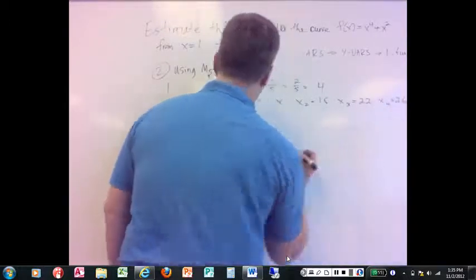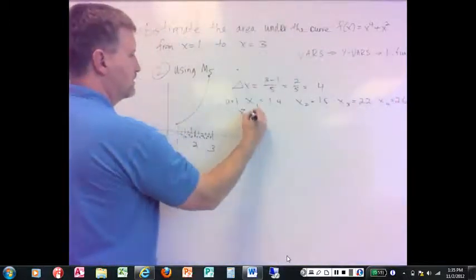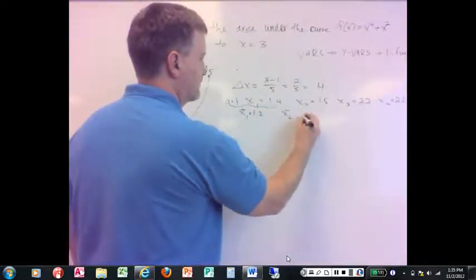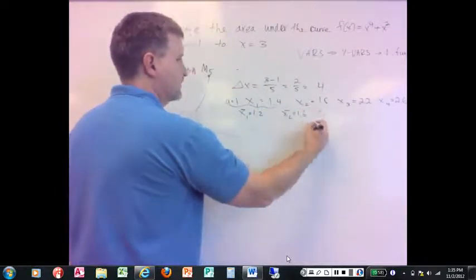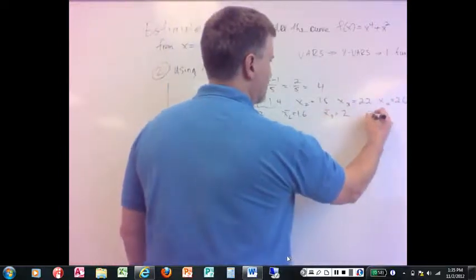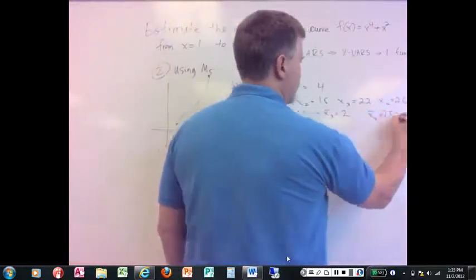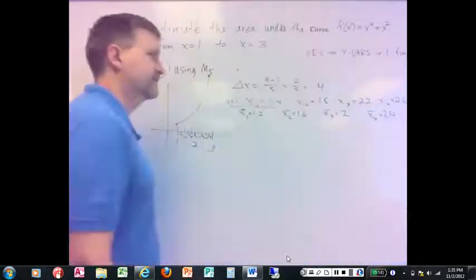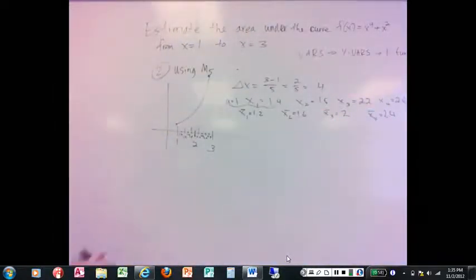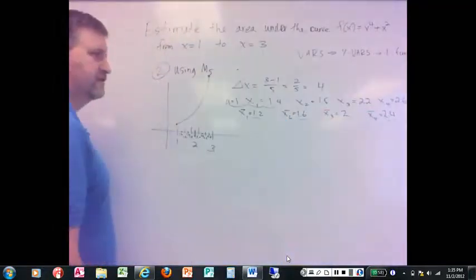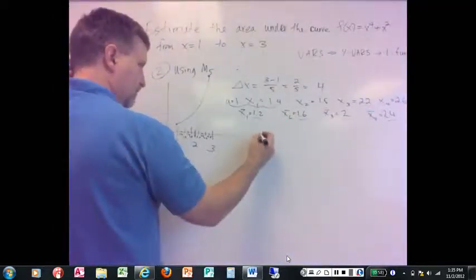So x sub 1 bar is 1.2, halfway between these two. X sub 2 bar is halfway between those two, 1.6. Then x sub 3 bar is 2, x sub 4 bar is 2.4, and x sub 5 bar, the fifth one, is 2.8. Those are the ones I use for my function values. Plug those in to get my function values.